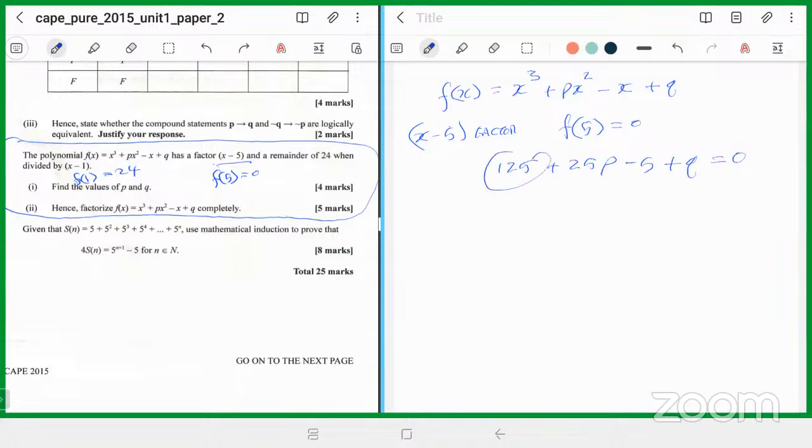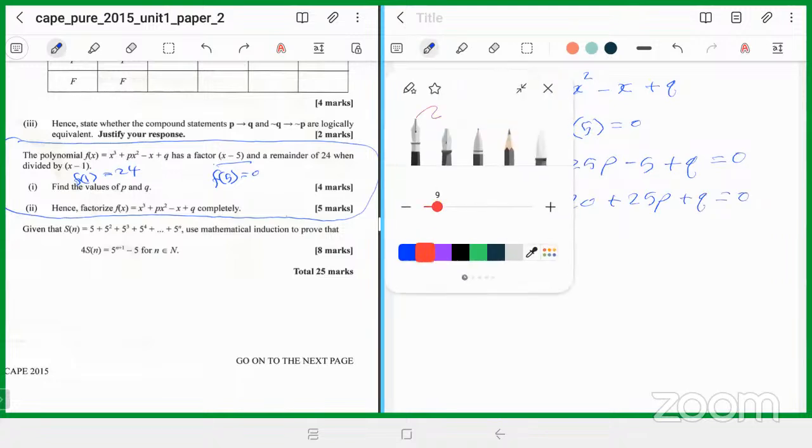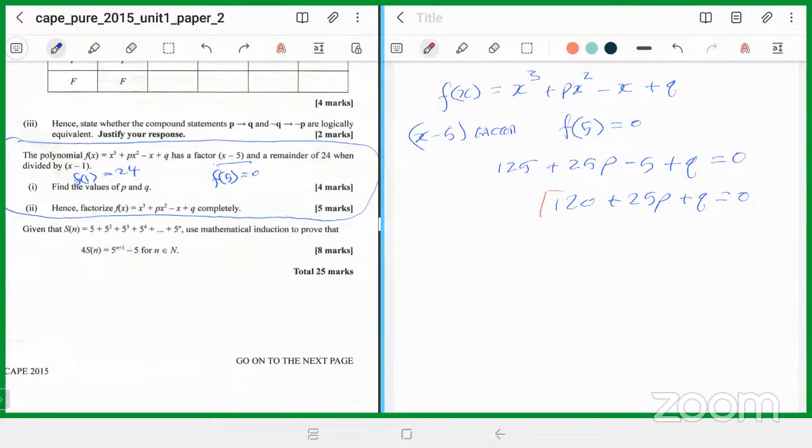So this and this make 120. So you get 120 plus 25p plus q equals 0. That's the first equation. The majority of the polynomials questions are like this.